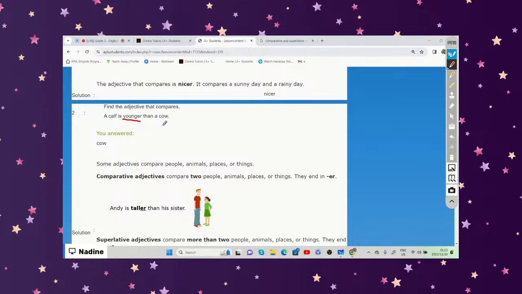And remember we said it ends in er. And this basically shows comparison between two animals.